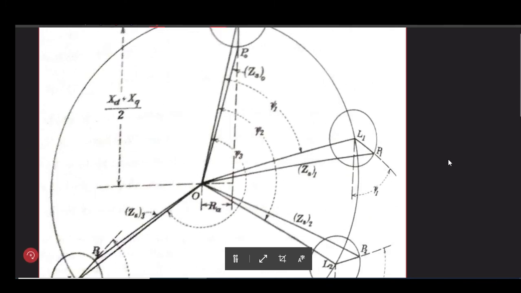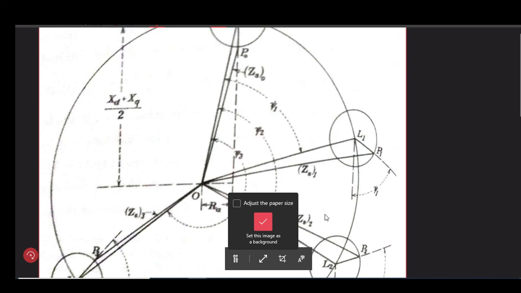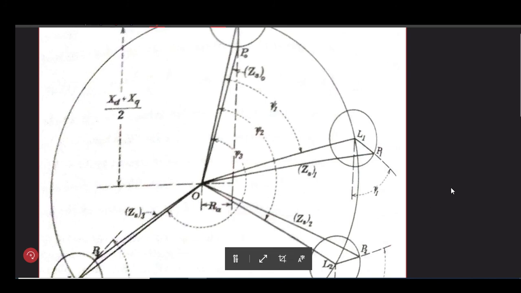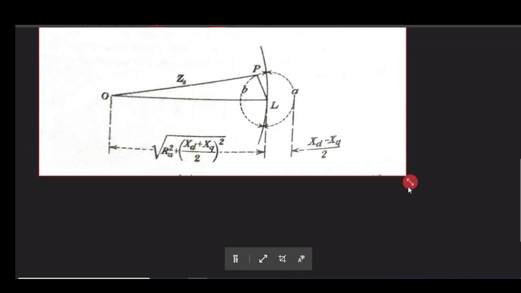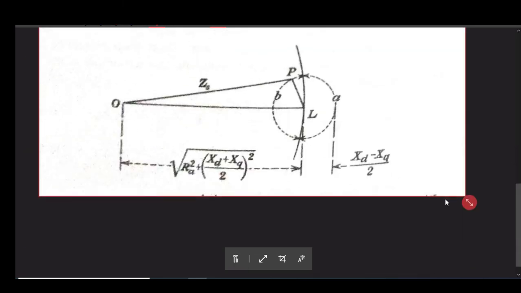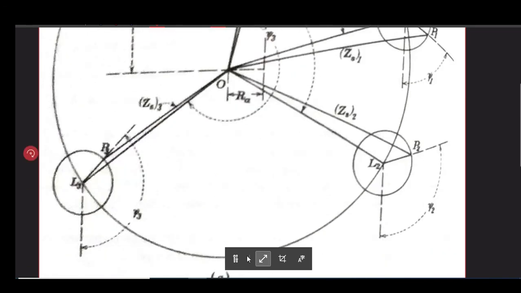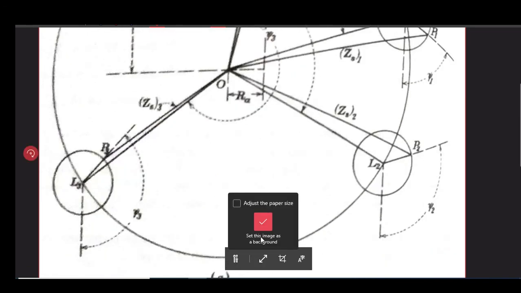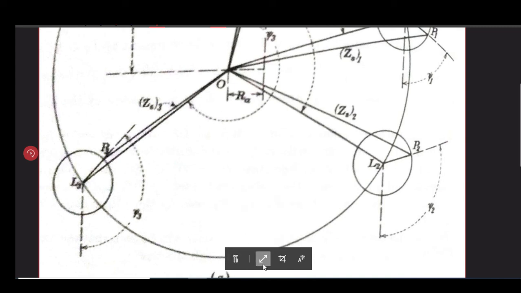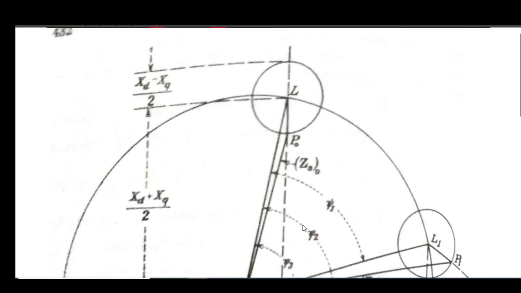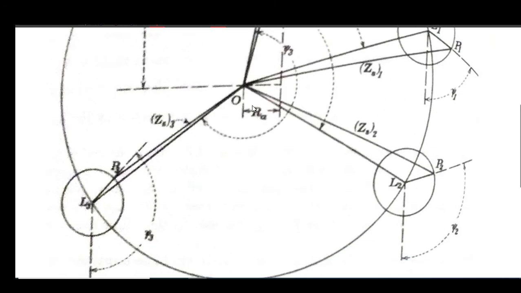Actually it should be a circle, but now it is somewhat clear.